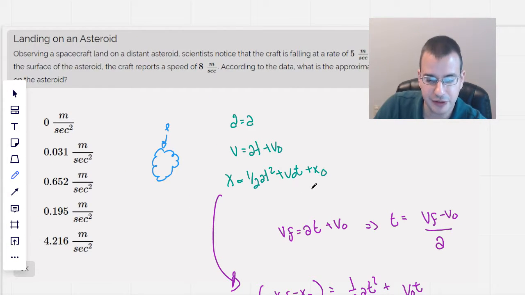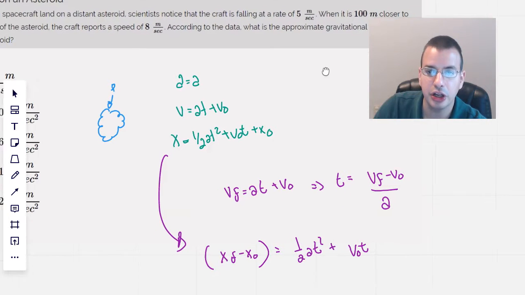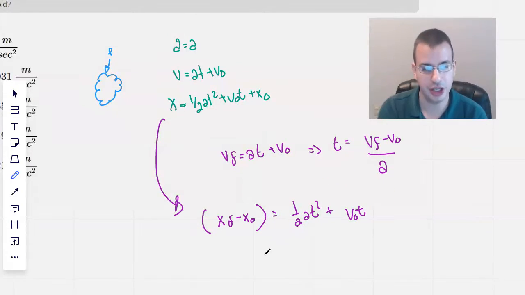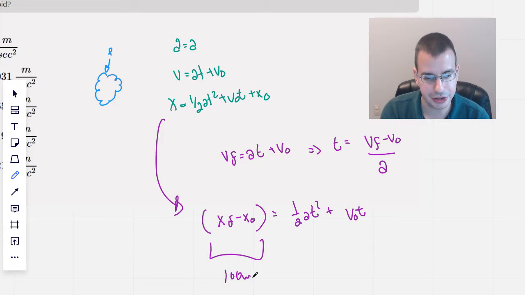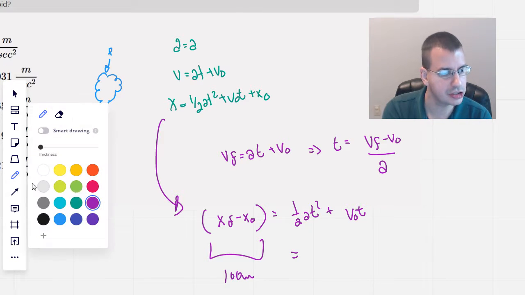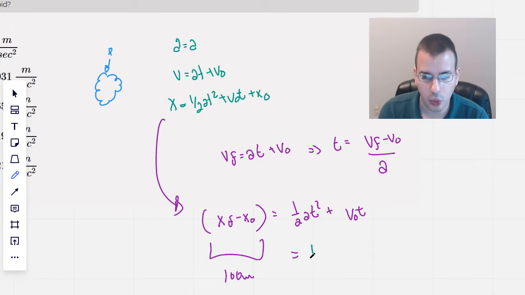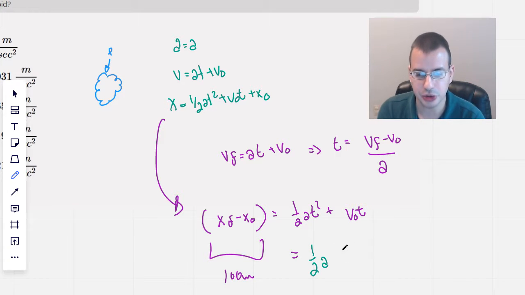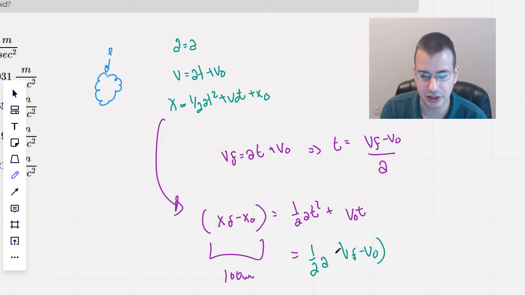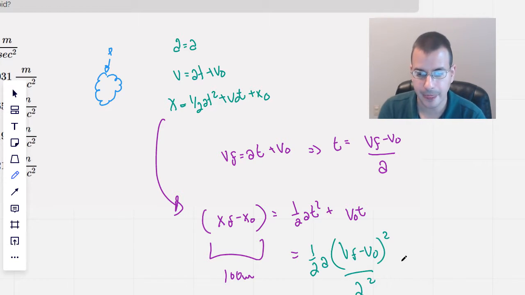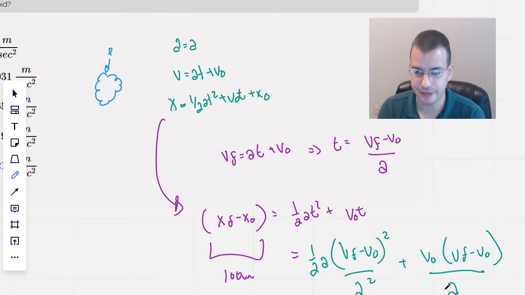And the reason I wanted to find that difference between x final and x initial is because we're given 100 meters closer. So this we'll know will be 100 meters. And let's see here. 1/2 A, and then we have T, which I'm going to say is V final minus V naught, squared, divided by A squared, so that's T squared, plus V naught times V final minus V initial over A. Okay?